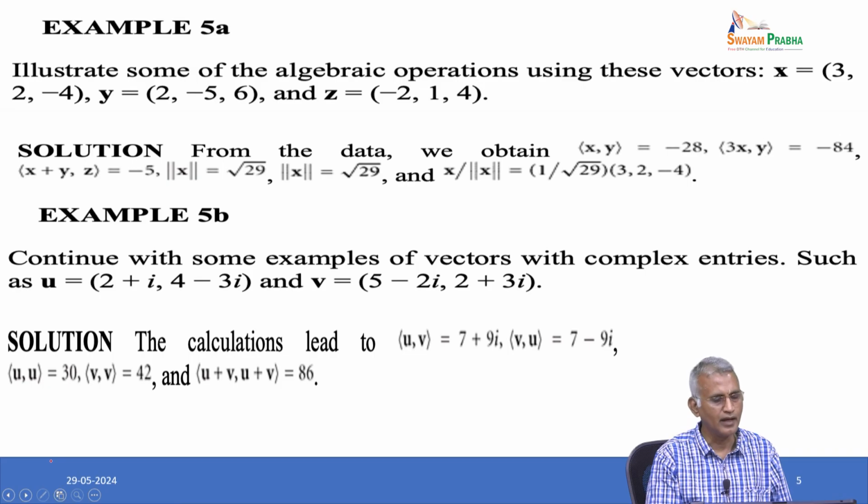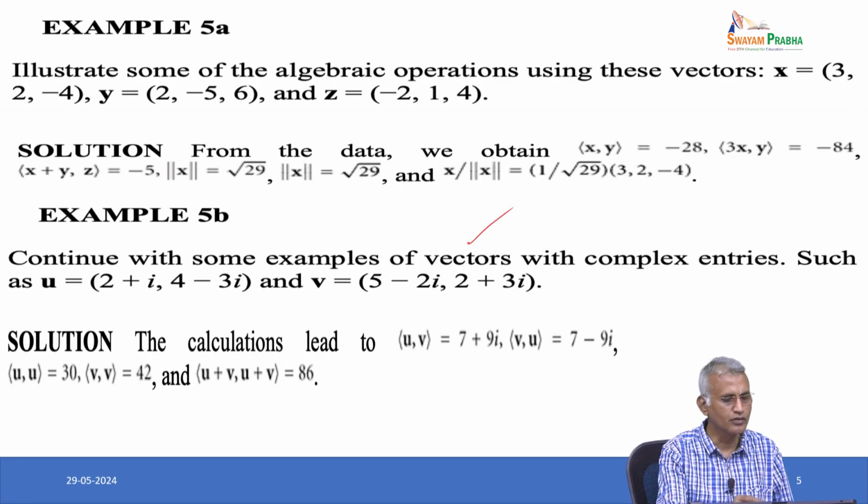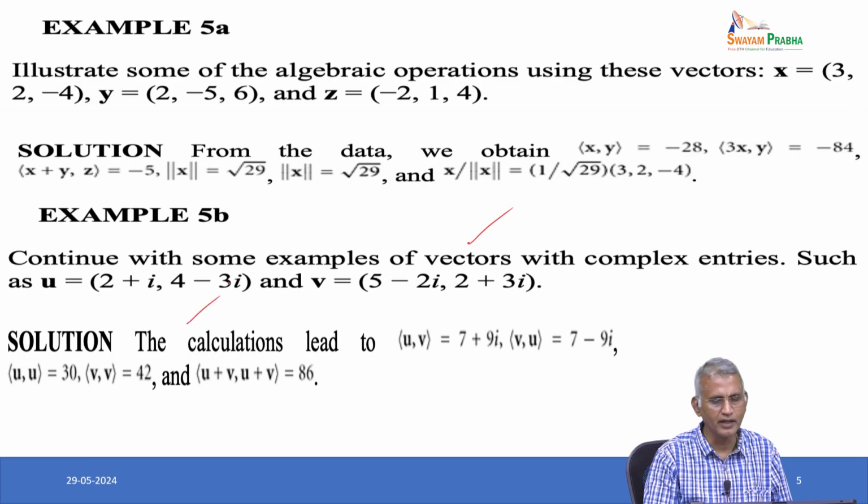Next, we will continue with some examples of vectors with complex entries, such that u equals 2 plus i comma 4 minus 3i and v equals 5 minus 2i comma 2 plus 3i, and we have to calculate the inner product u comma v.